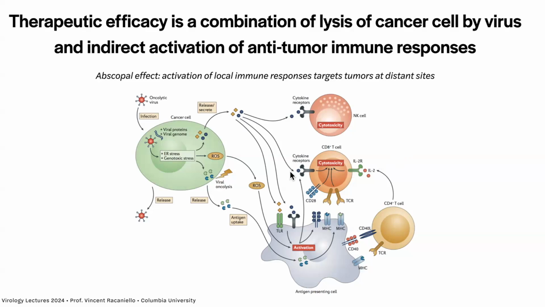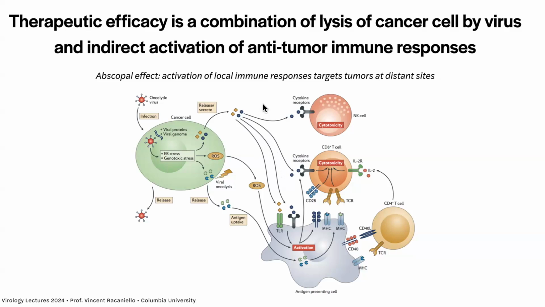And that's illustrated here. Here's your cancer cell. It's infected with your oncolytic virus. And, in many cases, they will lyse tumors. But you can't always infect every cell in a tumor. But what happens is the release of antigens from this tumor will stimulate antigen-presenting cells, which will then educate T cells to come and lyse the tumor cells.